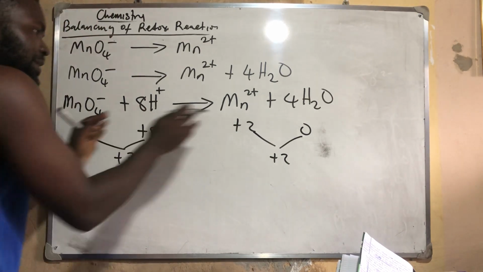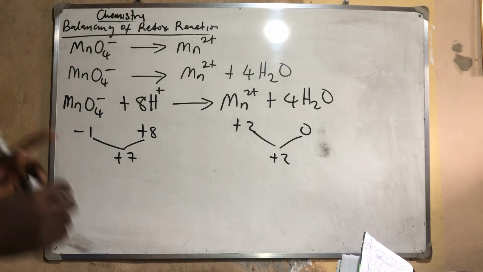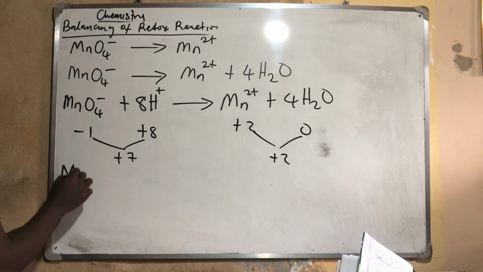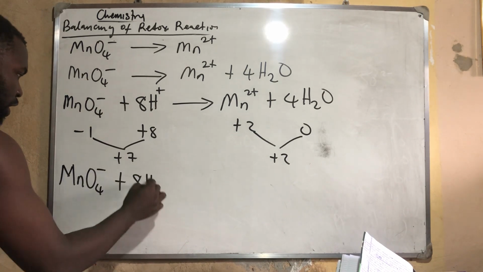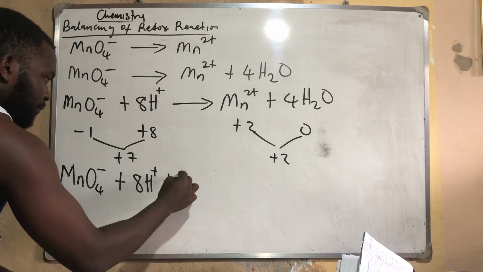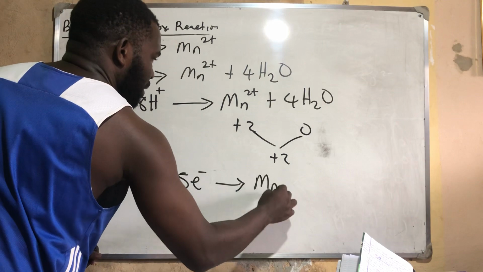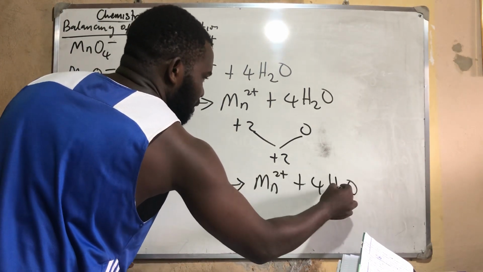So this one is greater than this one by 5 electrons. So we are adding that 5 electrons to the side that is bigger. So I'll have MnO4 minus plus 8H plus 5 electrons to give us Mn2 plus 4 water.